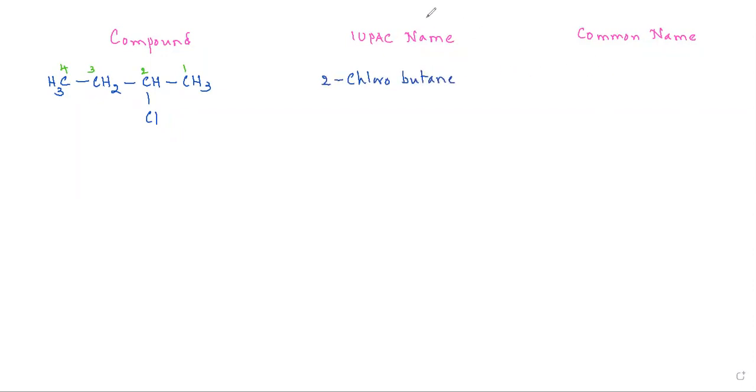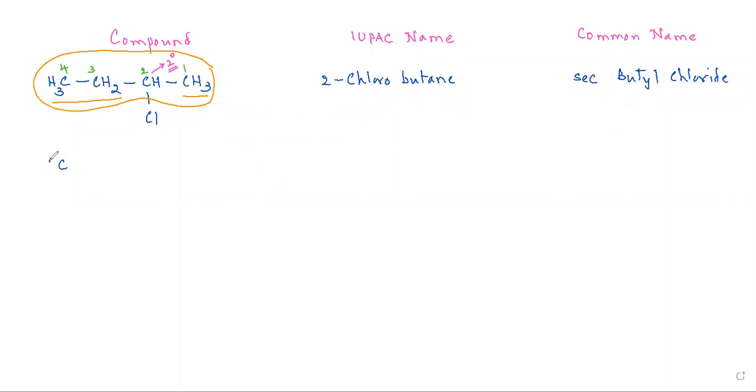And the common name: this arrangement, having a methyl group on one end and an ethyl, or let me say other than methyl group on the other end, is called secondary arrangement. So we call this secondary butyl chloride. And of course, this is a 2-degree alkyl halide.